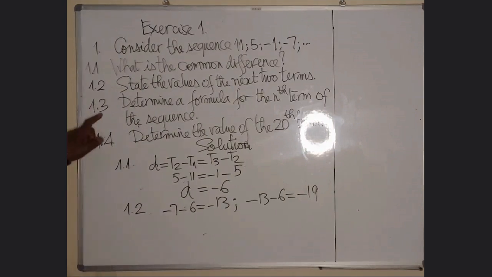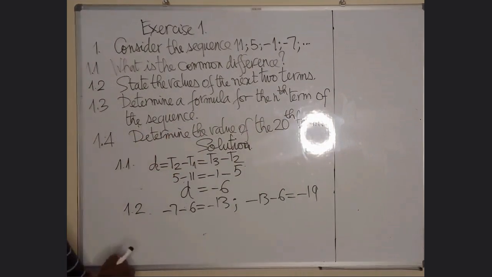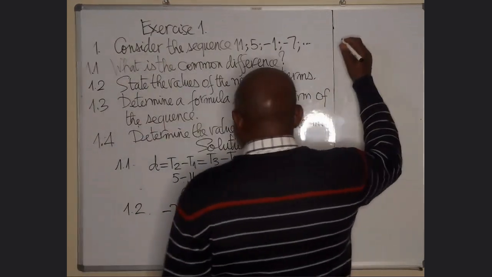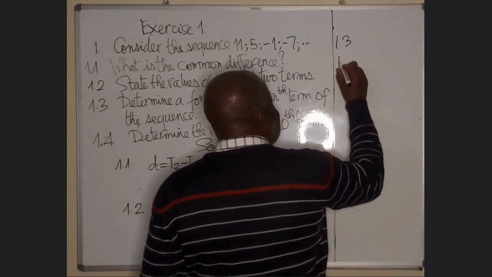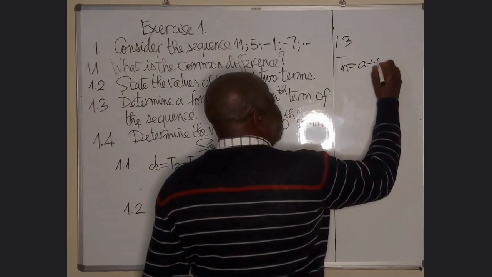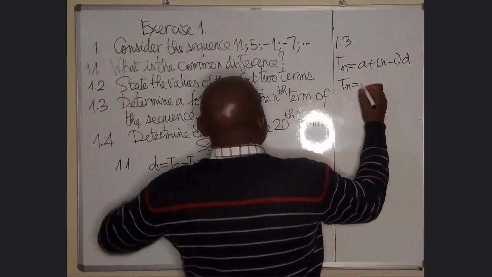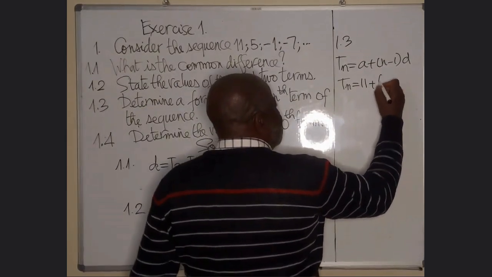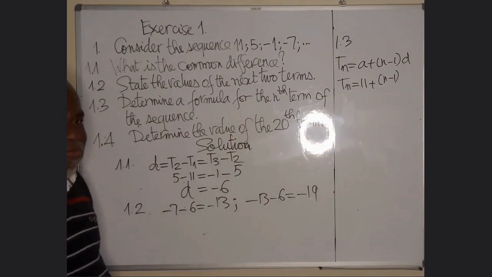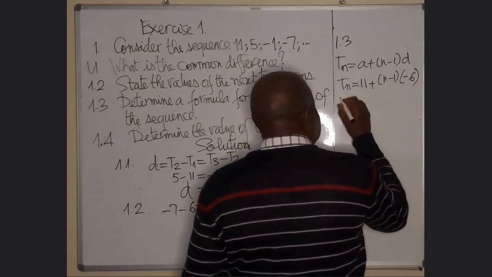Question 1.3. Determine a formula for the nth term of the sequence. To get the formula for the nth term, Tn will be equal to A plus n minus 1 times D. Tn will be equal to the first term, 11, plus n minus 1 multiplied by our common difference, negative 6.